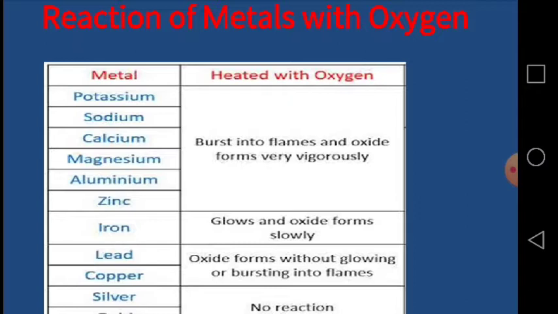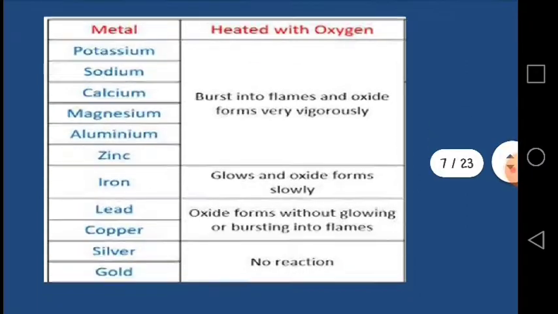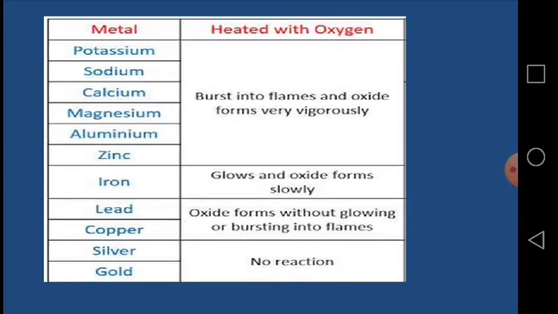Lead and copper do not burn but form a surface layer of oxides, while silver and gold don't show any reaction with oxygen. So you can see from this slide the metals at the top of the reactivity series are much more reactive with oxygen than the metals at the bottom of the reactivity series.